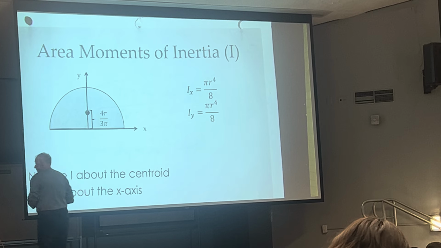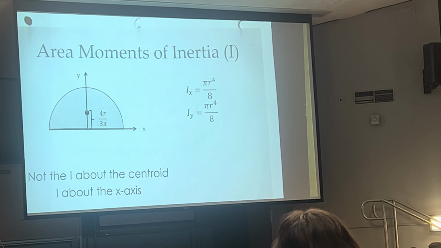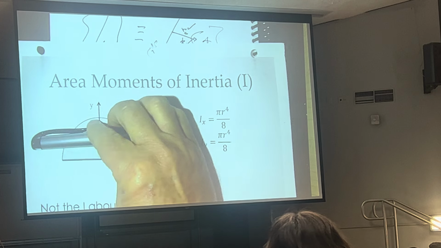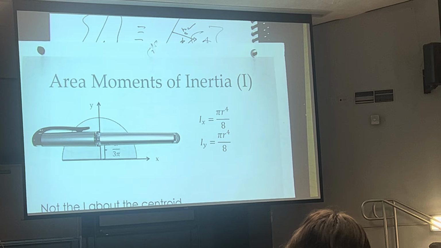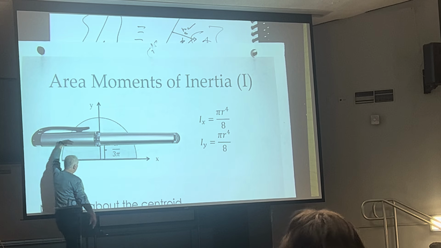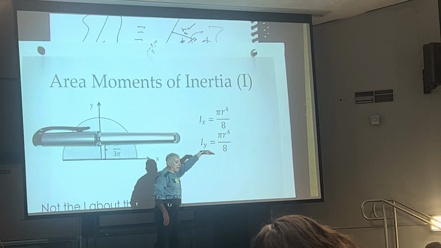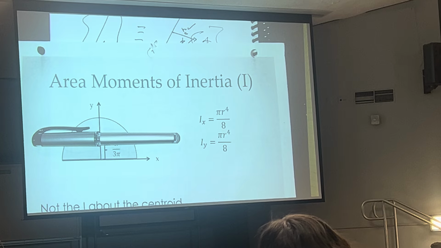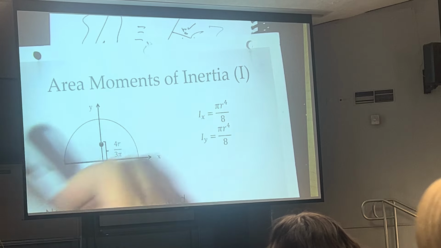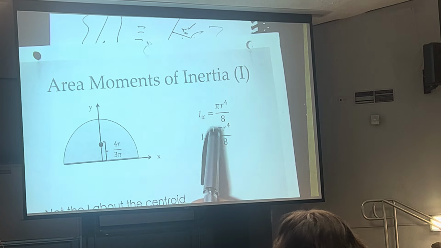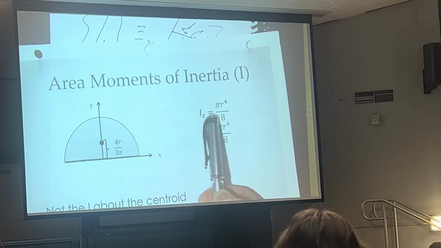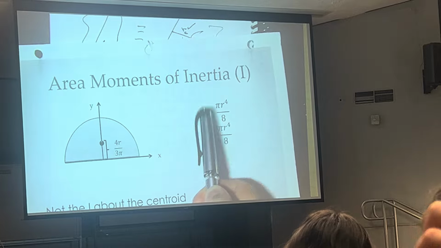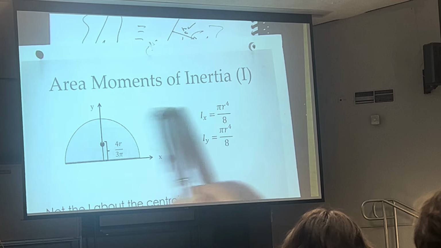In other words, he does not give you the I that goes through that axis, the axis that goes through the center of gravity or the centroid of the figure. Why? I have no idea, because that's probably more important than that one is. How did he get this? Somebody sat down and did the integral for a semicircle.